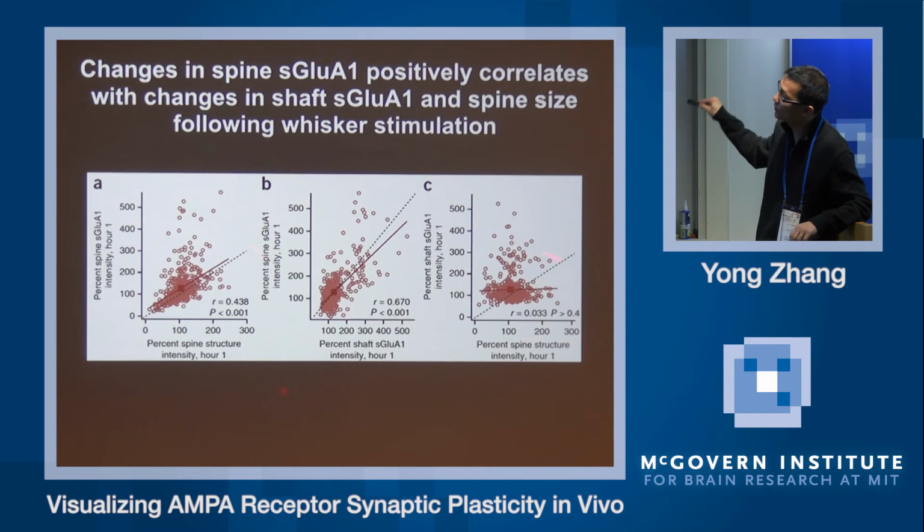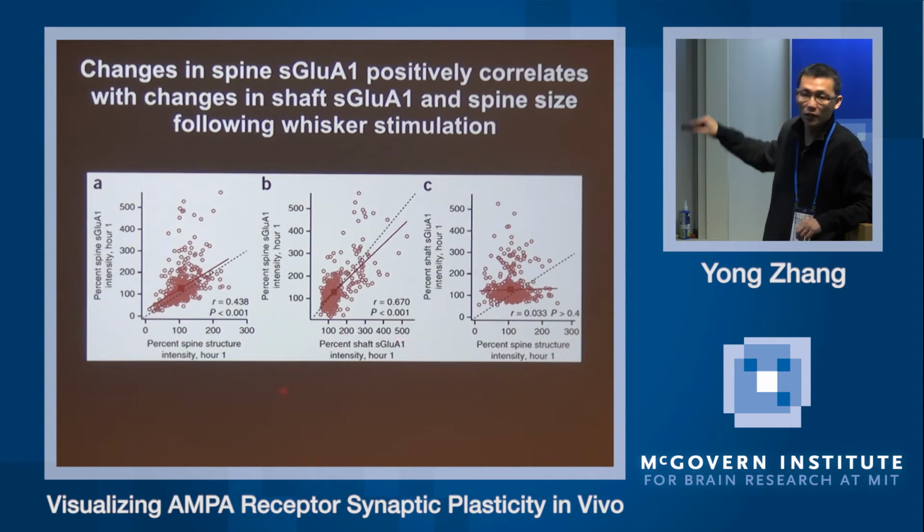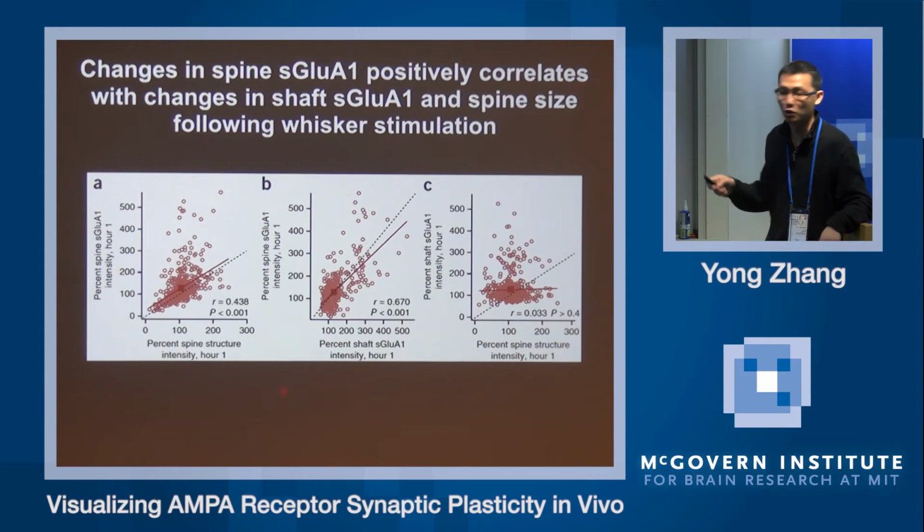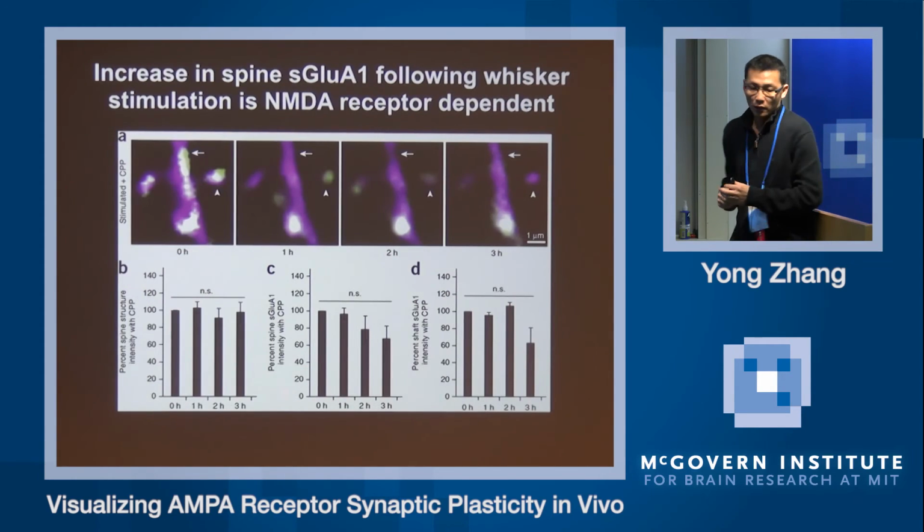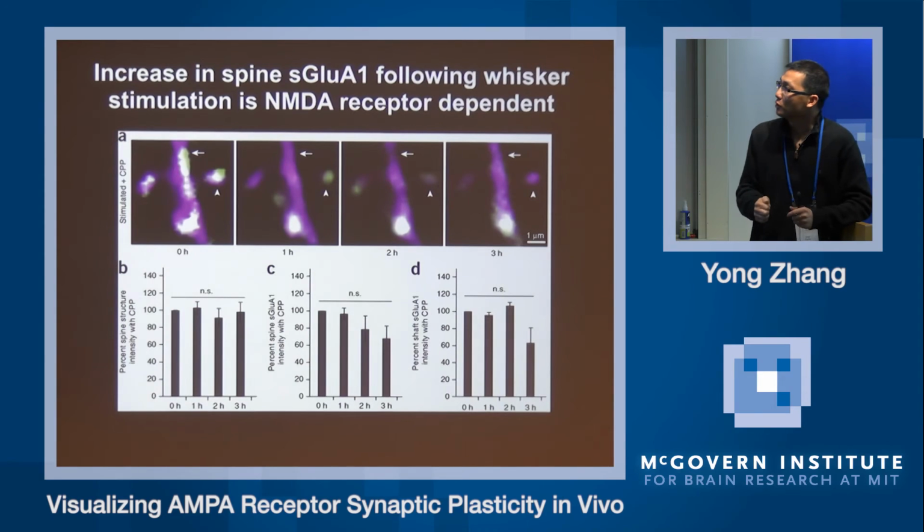So the take-home message is that the change in the spine surface AMPA receptors is very well correlated with the change of spine size and also with the change of shaft surface AMPA receptors. However, there are also differences between those three parameters, and I'll tell you a little later what the differences are in terms of changes after whisker stimulation. The next thing we want to ask is, what are the mechanisms?